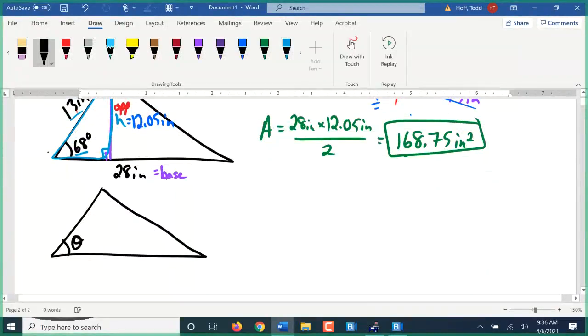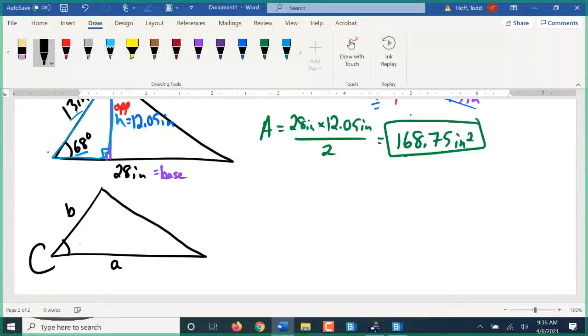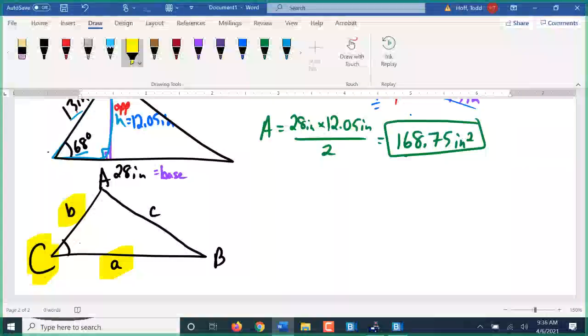Rather than calling that angle theta, let's call that angle C. I'm going to call the base side A, and this side over here side B. So this would be angle A, angle B, and angle C. If I know sides A and B and angle C, you might remember this from last unit as being two sides and the included angle, which is what we used for our law of cosines to find the other side. But here we're looking for the area of the triangle.